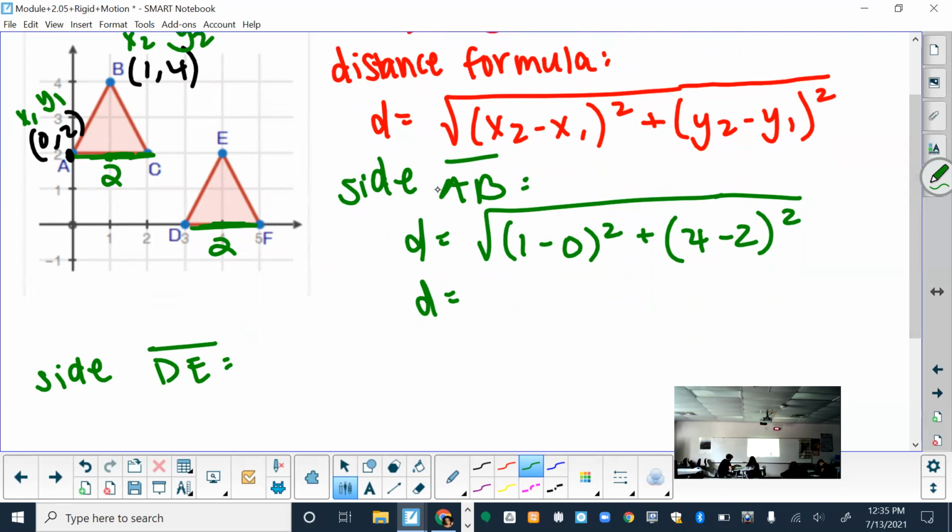So like since side AB and DE correspond, what should happen is that after applying the distance formula and finding that measurement, you get the same thing.